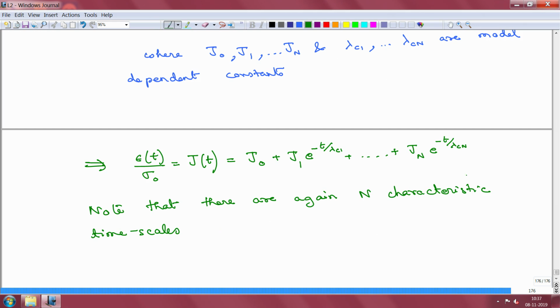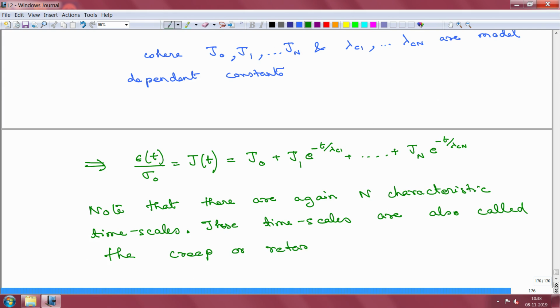Okay. So, these characteristic time scales there are also n, but they are different. So, these time scales are also called the creep or relaxation or retardation time scales.